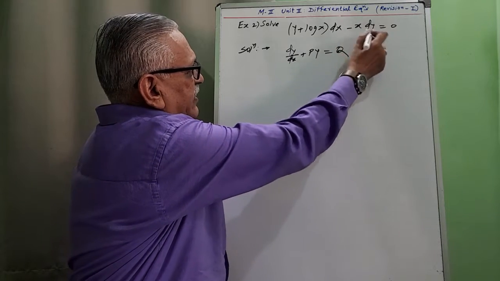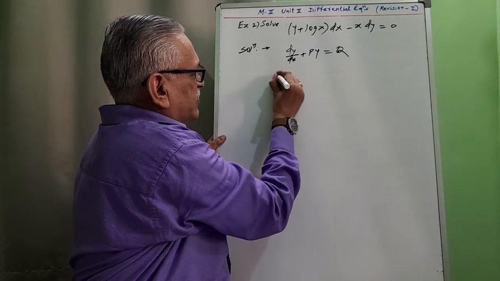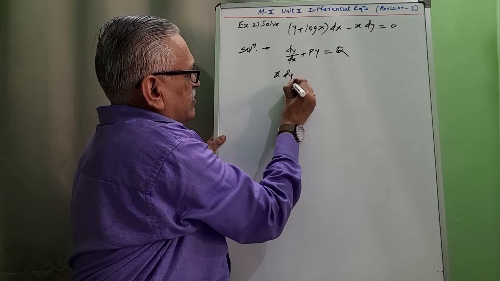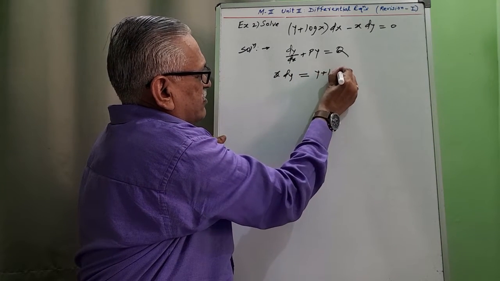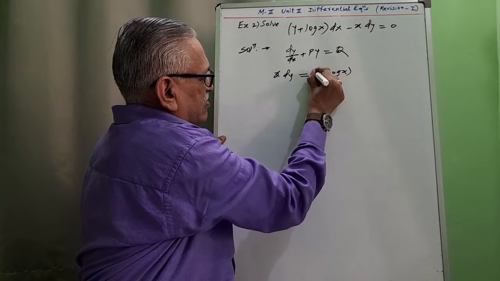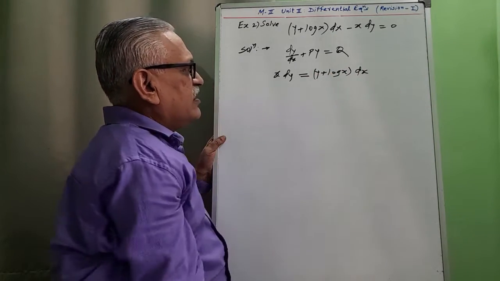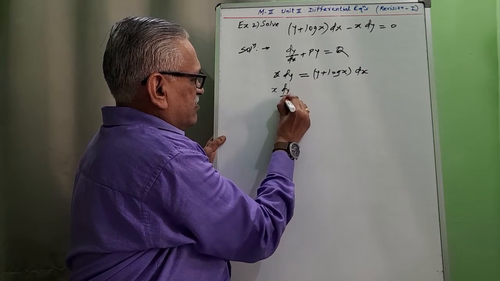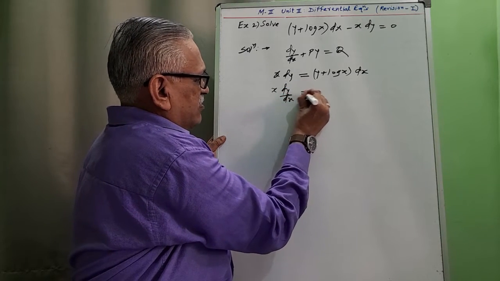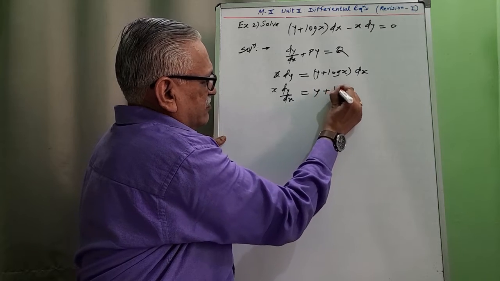Therefore, transferring this to the other side, we get x dy = (y + log x) dx. Then dividing by dx, we get x dy/dx = y + log x.